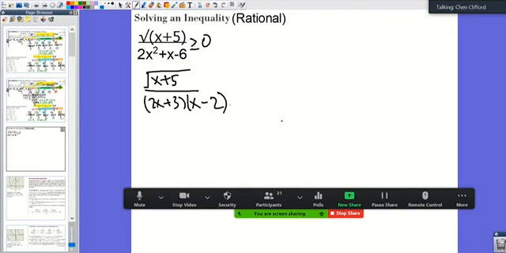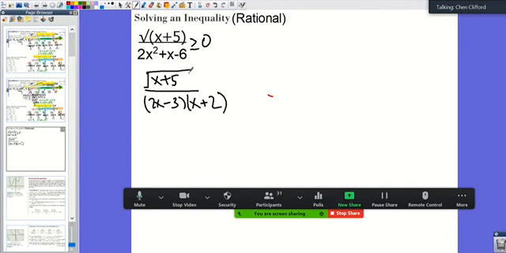No, it's not. It's minus 3 and plus 2. It would work because 2 times 2 is positive 4, minus 3 is positive 1.